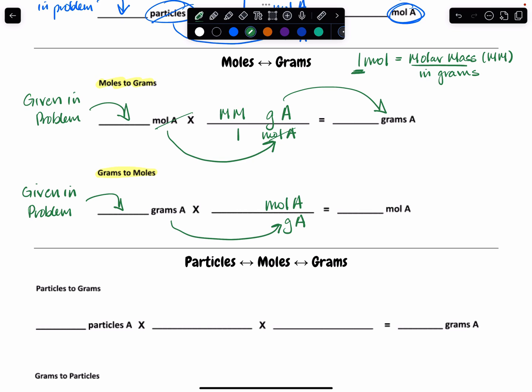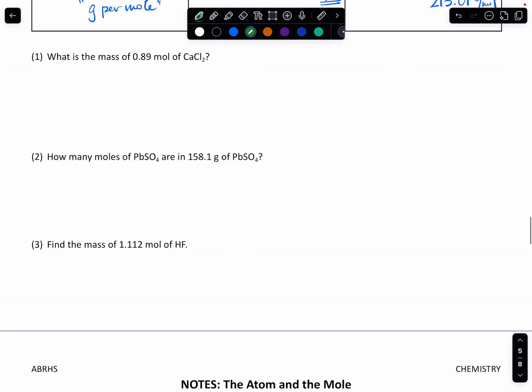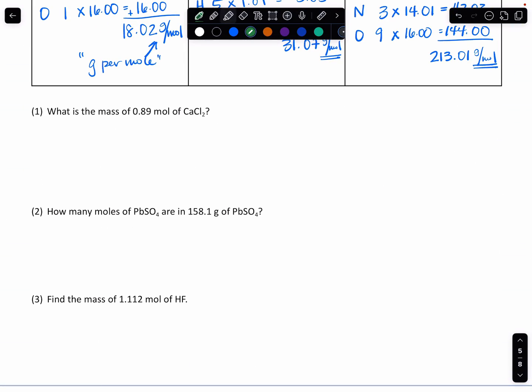And again, we're going to use that molar mass, where 1 mole of any substance is equal to its molar mass in grams. That'll let us cancel those grams, and we're going to be left with moles of that substance. Okay? All right, so let's try a couple problems with that in mind. Let me go back to the right page. All right, for this first problem, what is the mass of 0.89 moles of CaCl2?